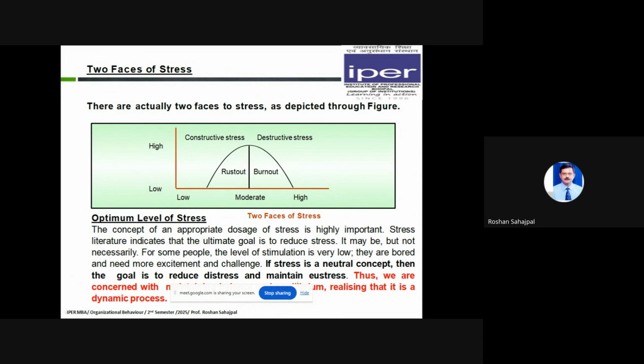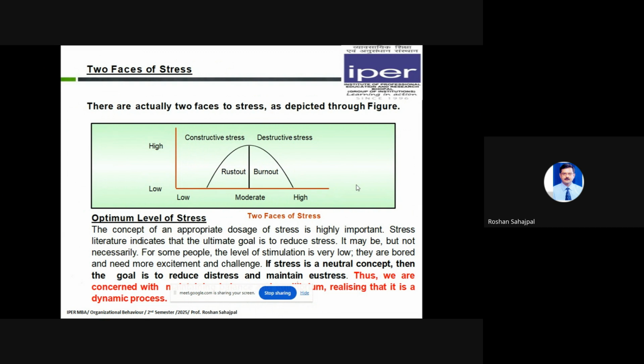So beyond the optimum limit, if the stress is prolonged, it will lead to some negative consequences, and the most negative out of them is burnout. People will catch some disease or they'll have some mental psychological conditions, because they have been exposed to a prolonged period of stress.